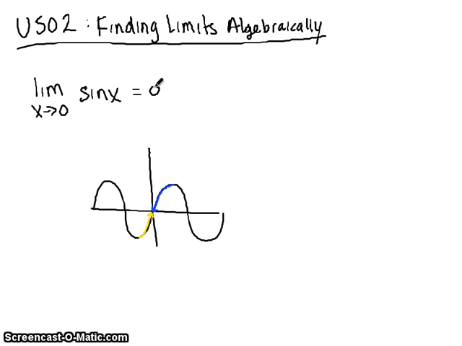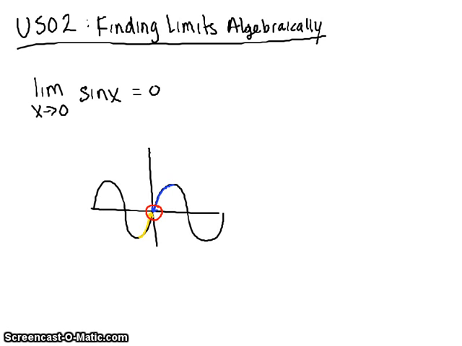If we think about what's going on at that point, all I have to do is plug in that x value and evaluate, and that's what the limit is approaching.